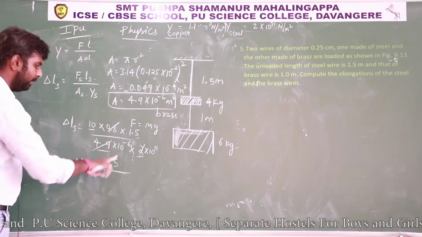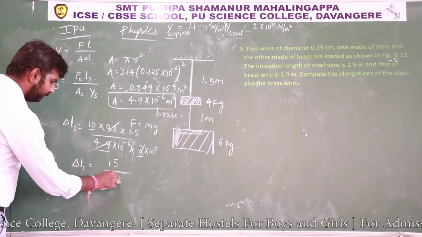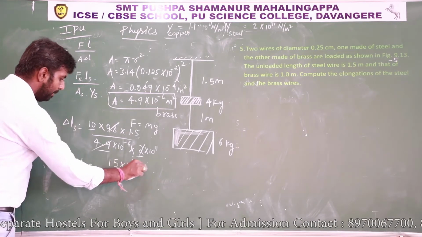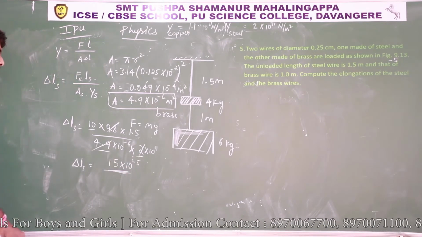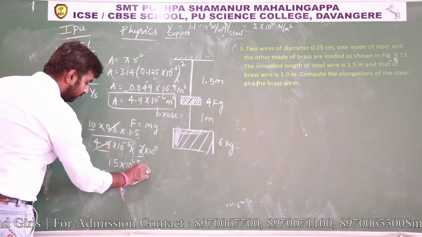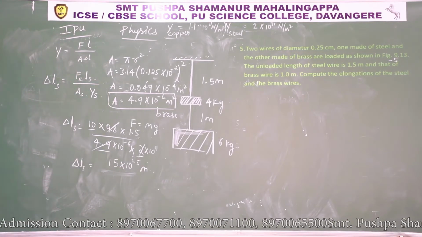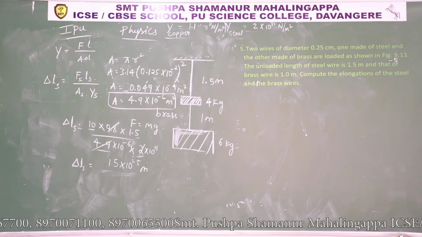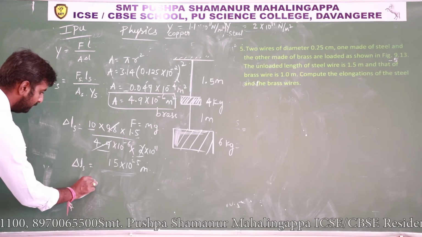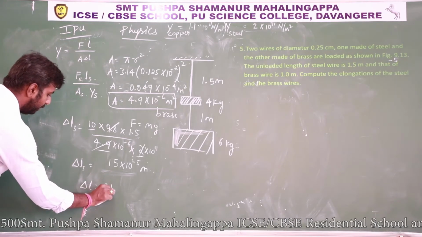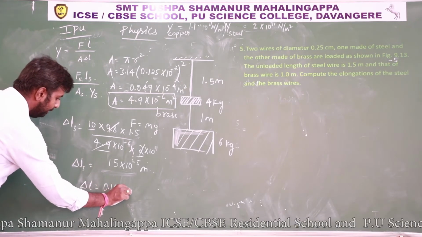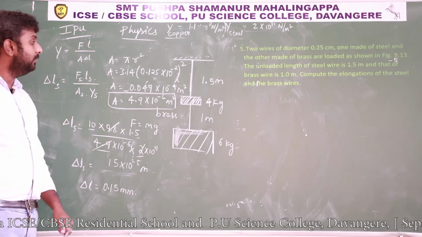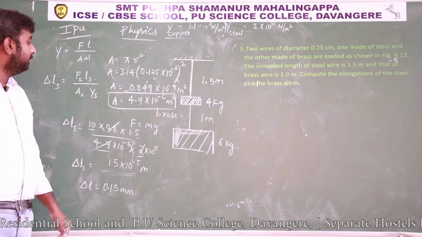That 5 goes to the numerator, meaning minus 5. So 1.5 into 10 to the power minus 5 meter, or 15 into 10 to the power minus 5 meter. The change in length produced is 0.15 millimeter. This is the elongation produced in the steel wire.